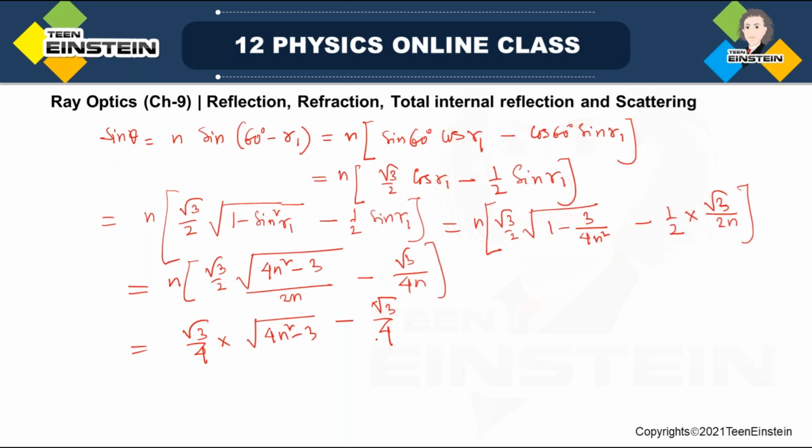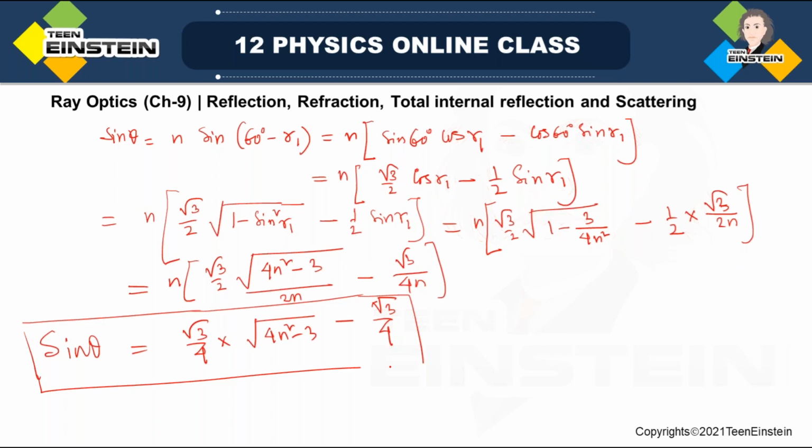Okay, so this is what we get. Now this is actually the value for sine theta. So sine theta is equal to this, but we have to find out the value of d theta by dn, which is equal to m. What is the value for that? We have to find out that.